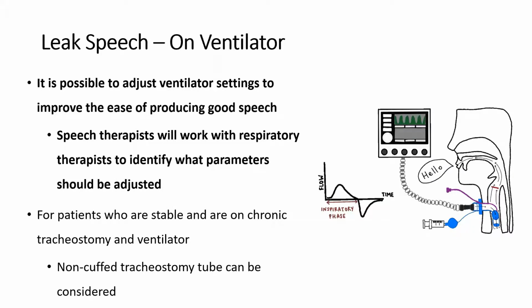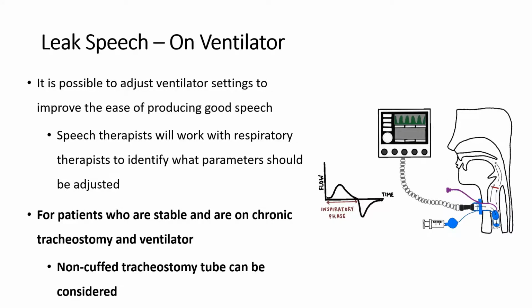It is possible to adjust ventilator settings in order to improve overall ease of producing good speech. The speech therapist can work with the respiratory therapist to identify what parameters should be adjusted. For patients who are stable and on chronic tracheostomy and ventilator, a non-cuff tracheostomy tube can be considered for such patients.